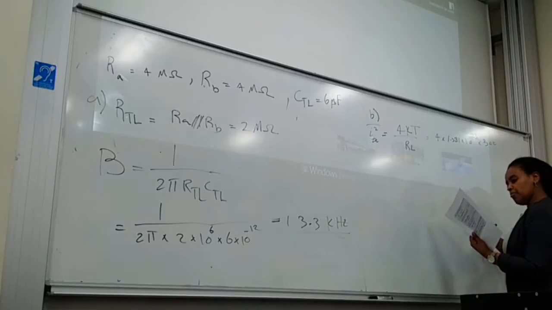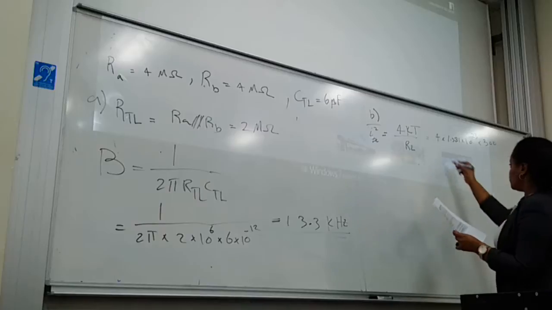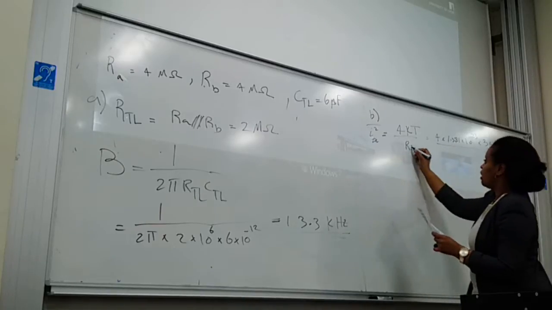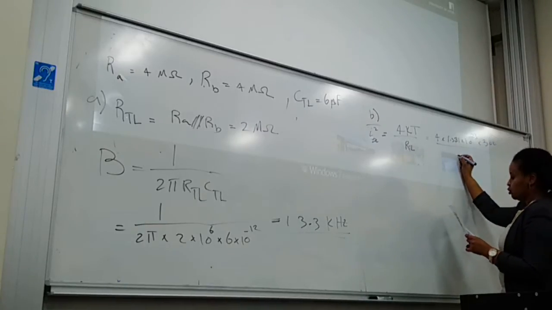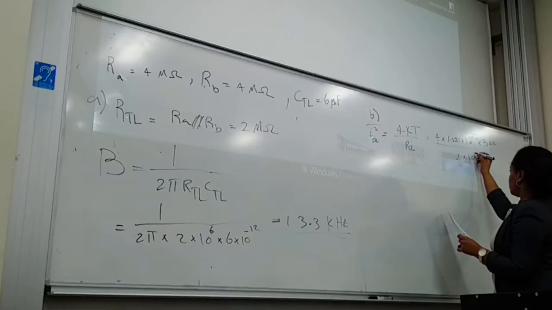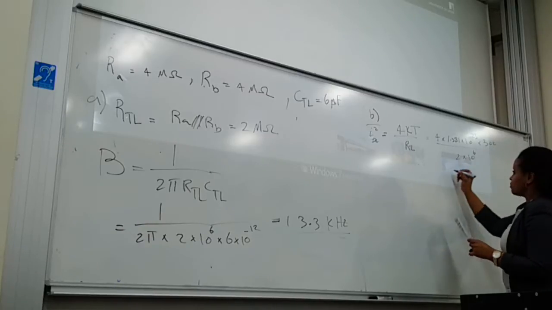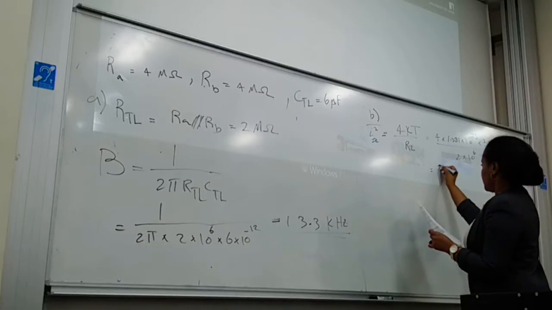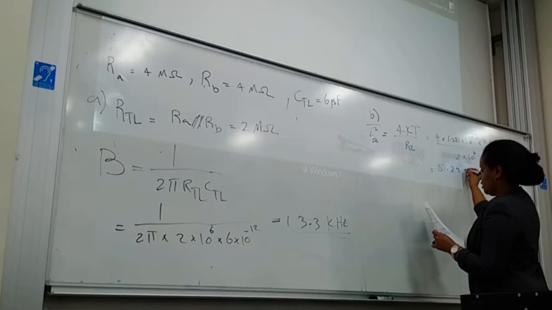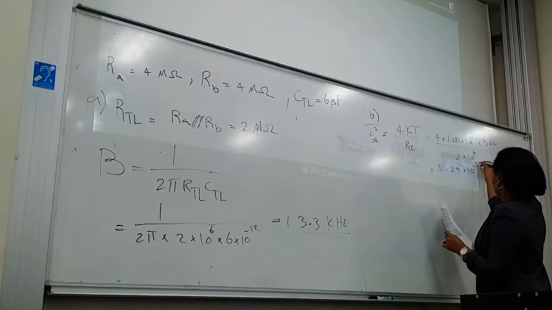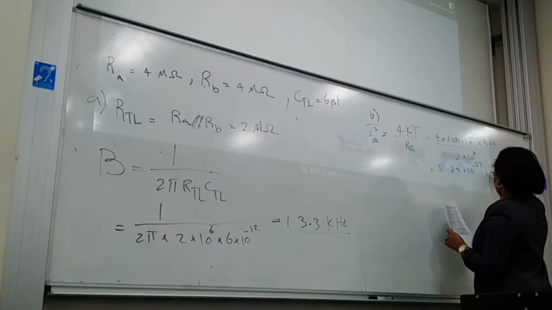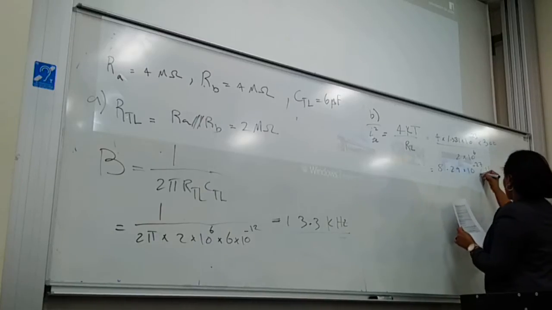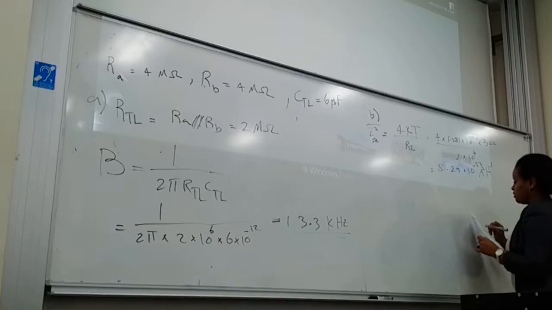Temperature was given at 300 Kelvin, and R_total is 2 mega. And this will give you 8.29 times 10 to the power minus 27 ampere squared per hertz.